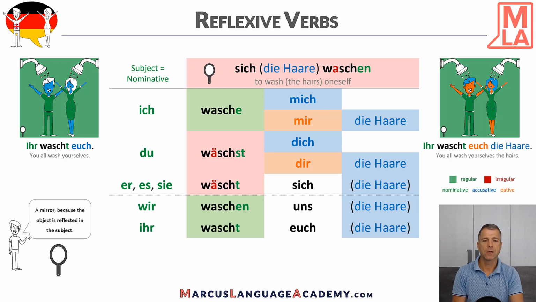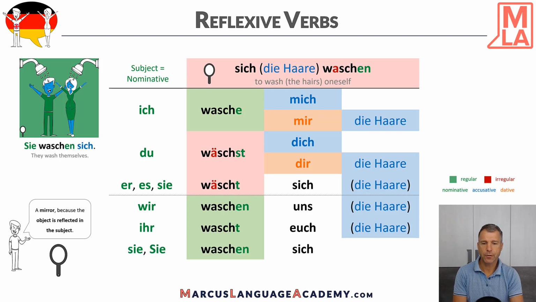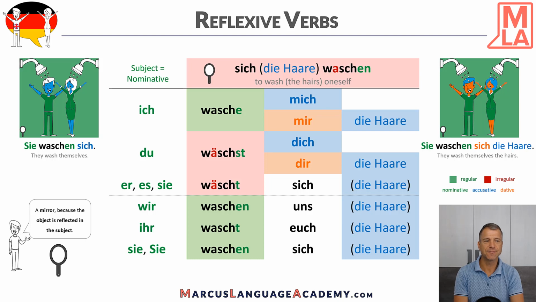It stays euch. So in second person euch. And in third person, sie waschen sich, they wash themselves, and sie waschen sich die Haare, they wash themselves the hairs. So it stays sich, like in singular and plural we have sich as the reflexive pronoun.